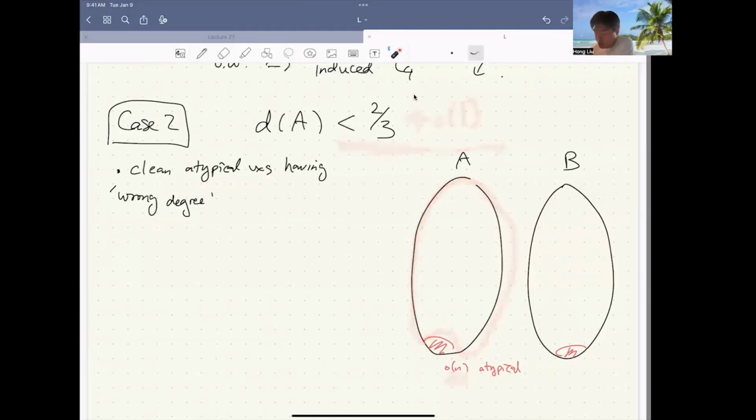Okay, it's at most 0.7, say. So there must exist a vertex whose non-neighborhood is at least 1/3 of the remaining.